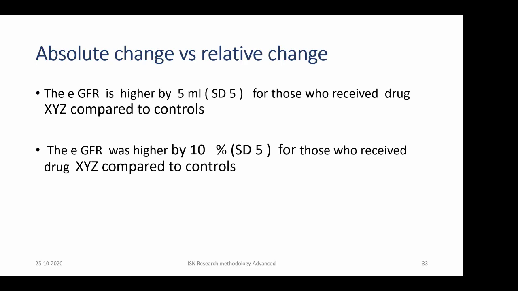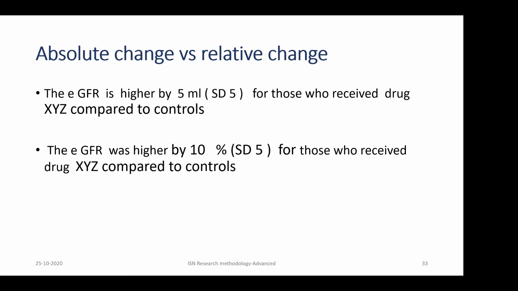Say, you can express the results in two different ways in this study, expected results. The glomerular filtration in the intervention arm is higher by 5 ml with a standard deviation of 5 for those who received the drug XYZ. Or you can tell the glomerular filtration was higher by 10% with a standard deviation of 5 for those who received the intervention. So which would you prefer?